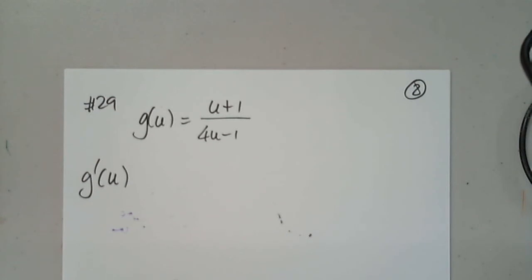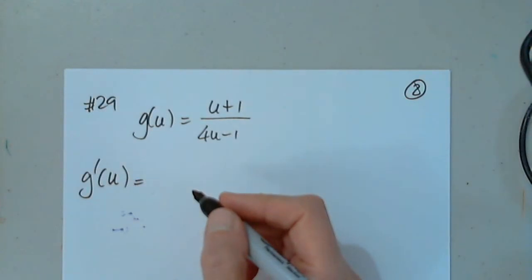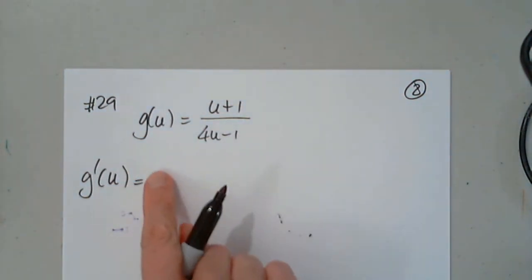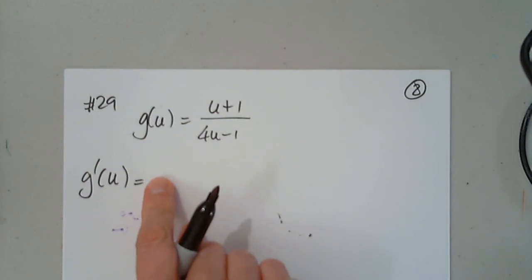Can anyone get us started for g prime of u? What is the first thing I have to write?